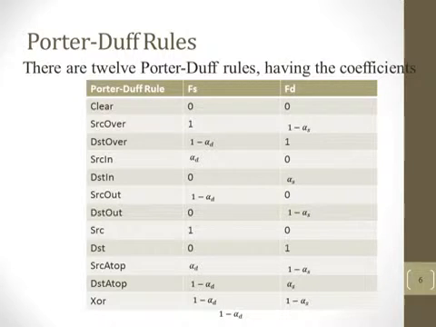Here we will see in the following table the 12 Porter-Duff rules having the following Fs and Fd coefficients. For example, in the source over rule, we choose the source color in the event of the source color only and the event of both colors. For source over, we want to see a complete source, so Fs should be 1.